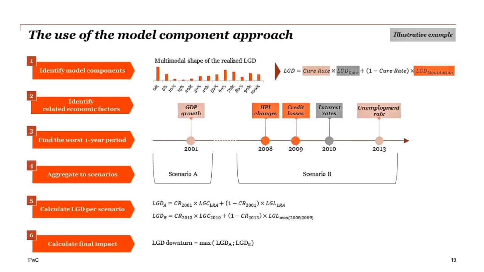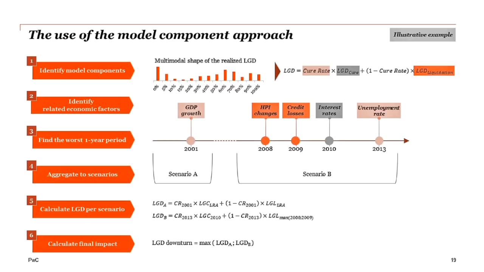And let's move to step three. For every economic factor, worst years were identified. For GDP growth, it was 2001, HPI changes 2008, and so on as presented on the slide. Step number 4. Worst years were grouped into downturn scenarios. We see two downturn scenarios here.